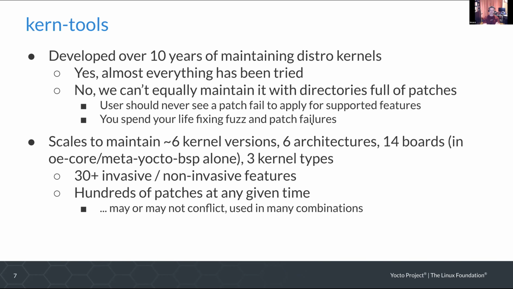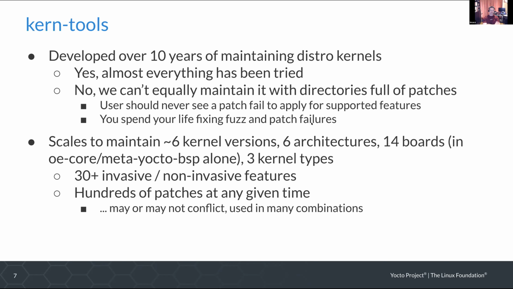So you'll spend your life fixing patch fuzz and patch failures, but if you maintain a branched kernel repository, you can survive this chaos. And so what the processes and the tools do is they scale at any time in Yocto.